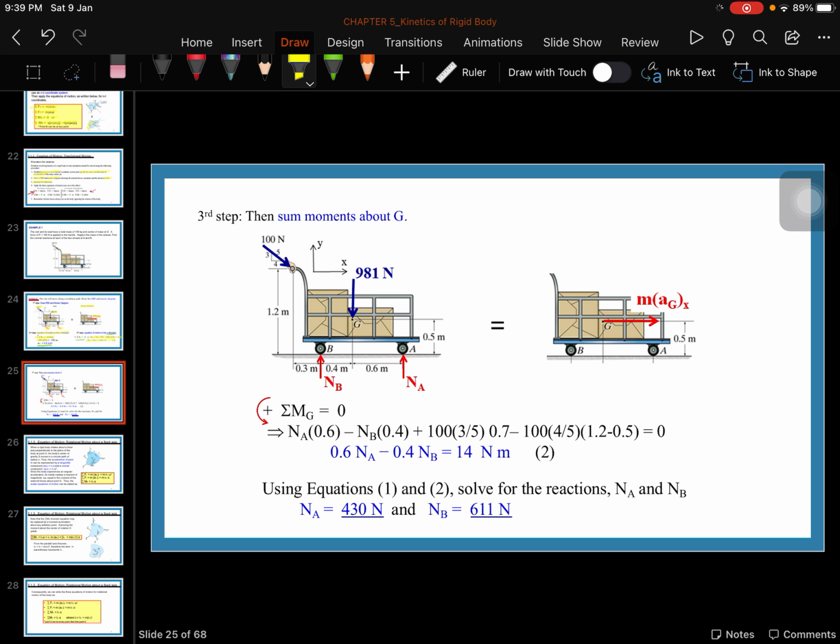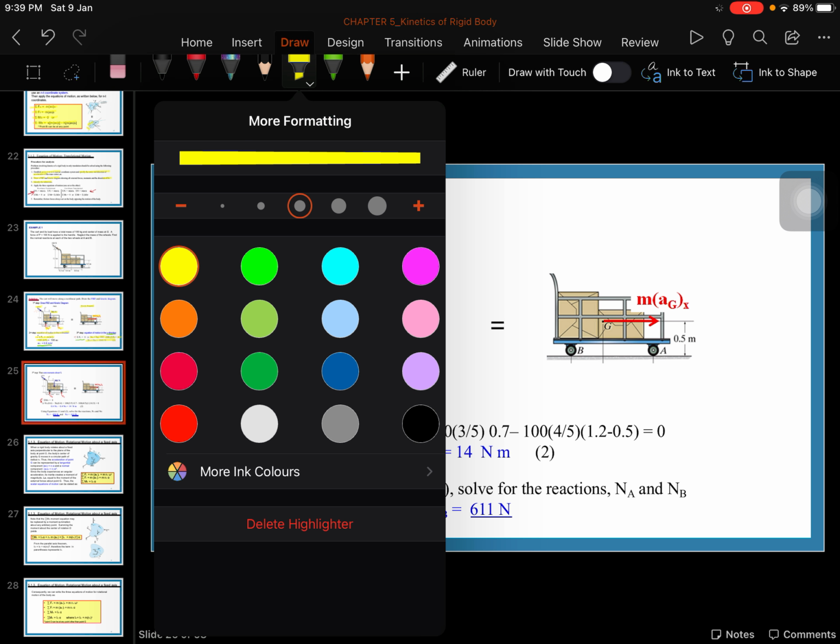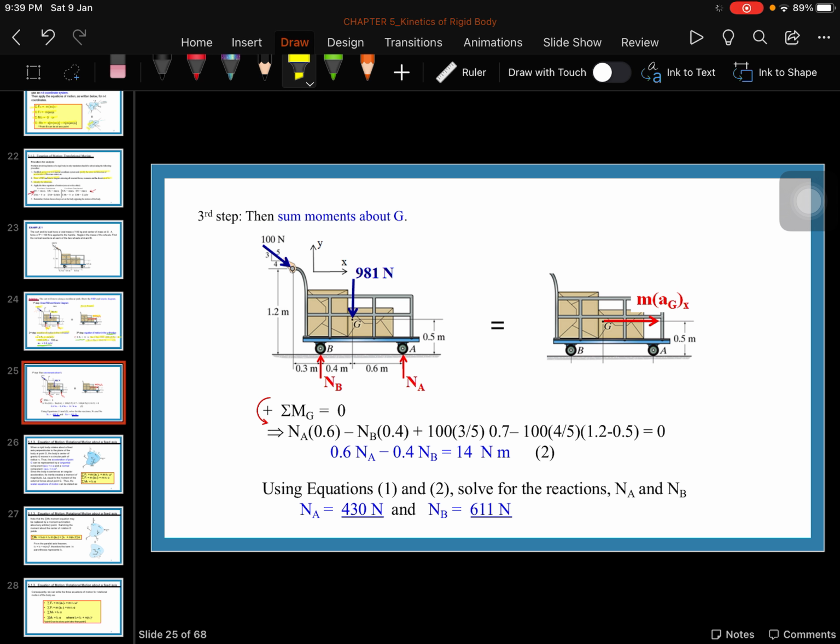So next step, in chapter 5, we have an extra formula for moment. So next, we find the sum of moments about G. As you know, there is no moment since this cart moves in translational motion.